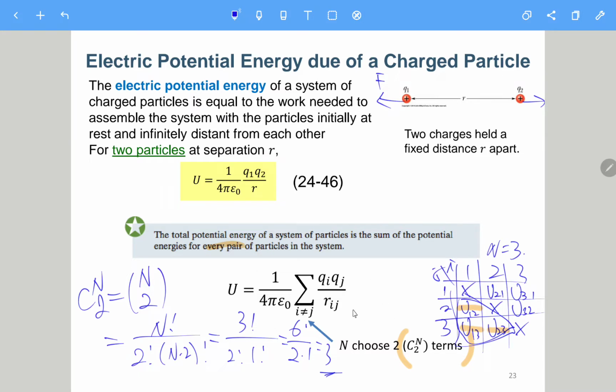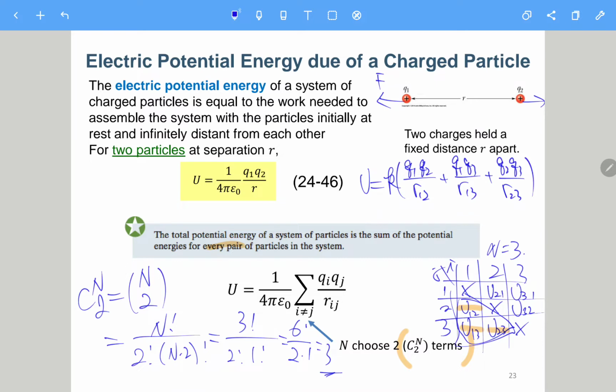So this one will look like U equals K times Q1, Q2 over R12 plus Q1, Q3 over R13 plus Q2, Q3 over R23.